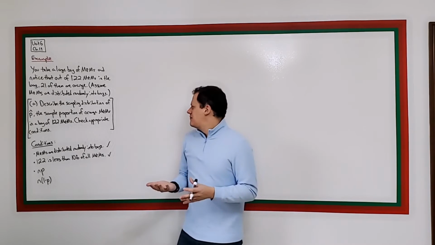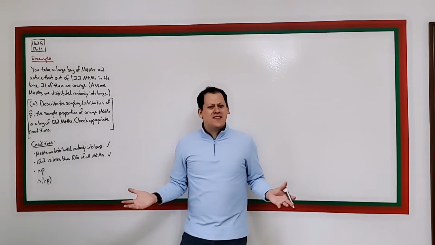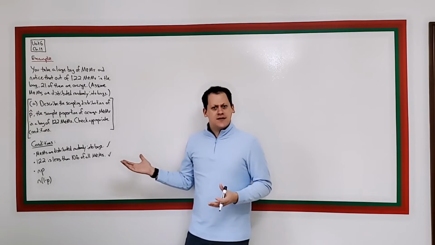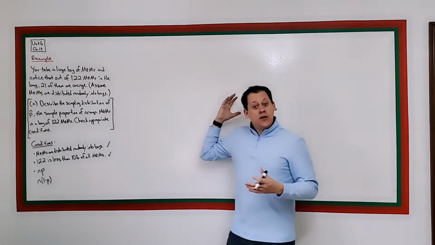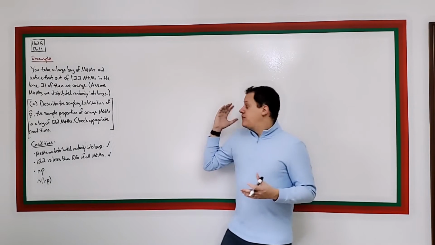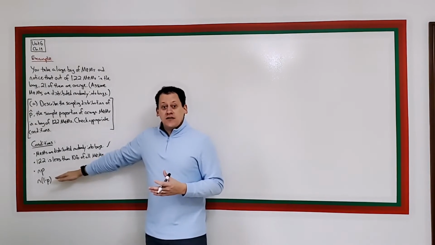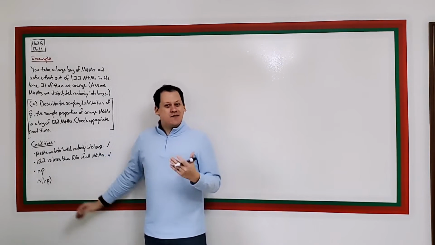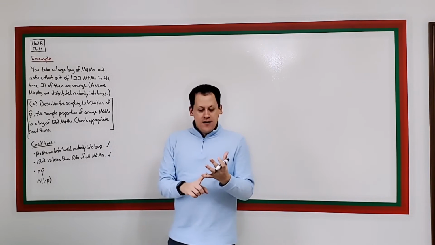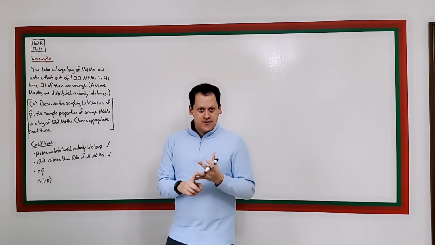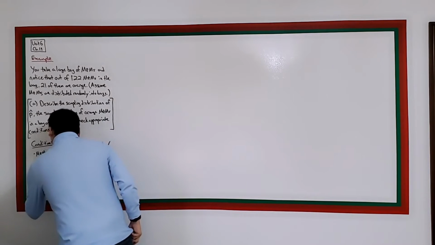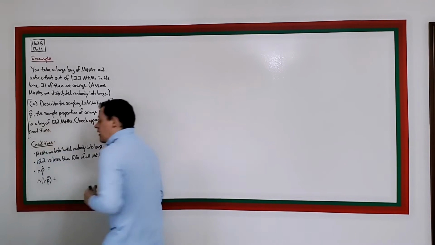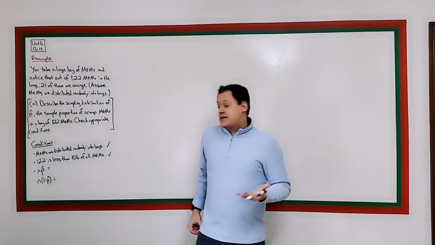Well, no, because there aren't any hypotheses yet. We haven't been asked to do a hypothesis test. So, even though it's not clear what we're going to be doing in the rest of this problem yet, the only way we can check this condition is to use p hat for p, because we don't know p and we don't have a null hypothesis to work with. So we're just going to change these to p hats. And we're going to check to see if they're at least 10.